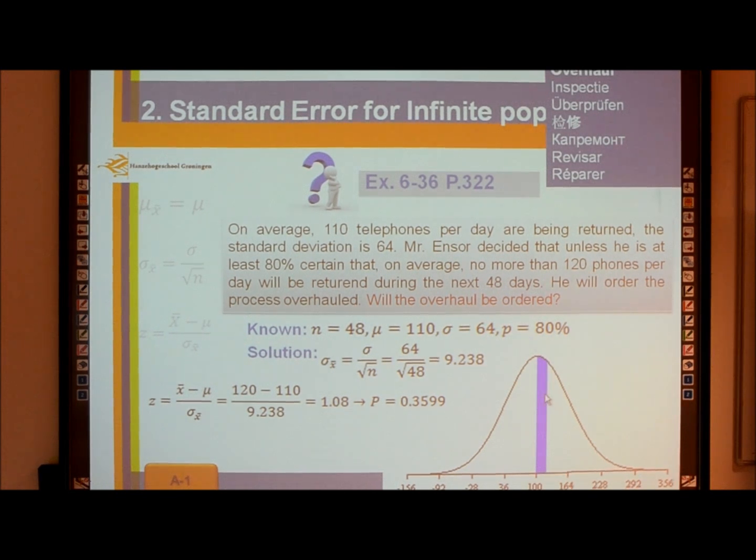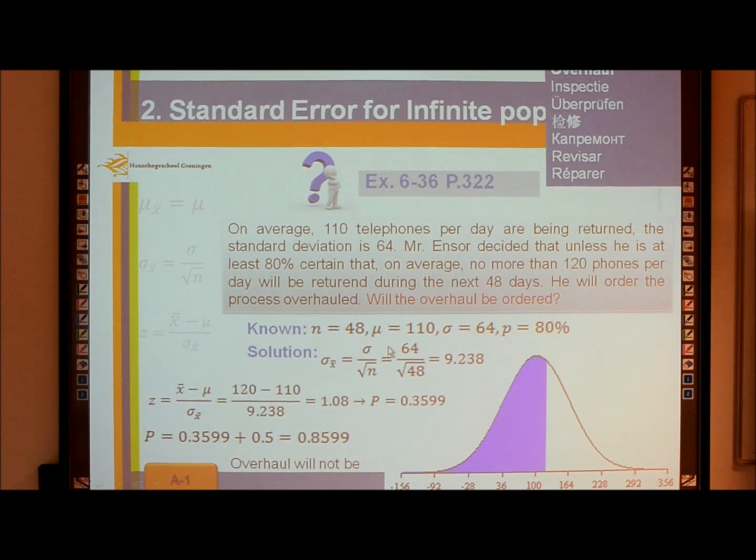We still need to add 0.5, that means 50%. So later we get 85.99%. That means Mr. Anson is 85.99% certain that he will get less than 120 phones per day. That means he doesn't need to order the overhaul.